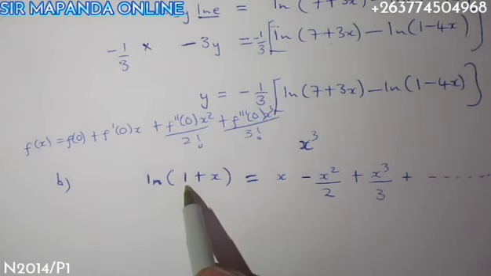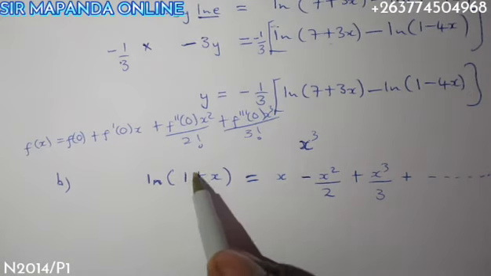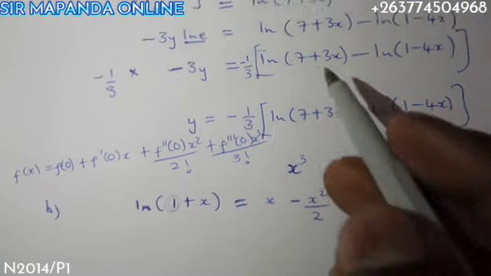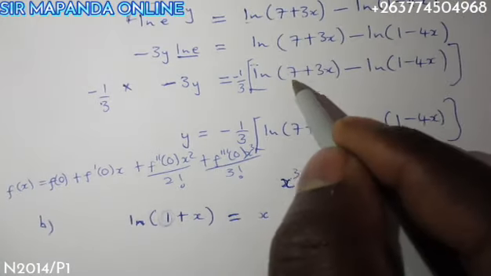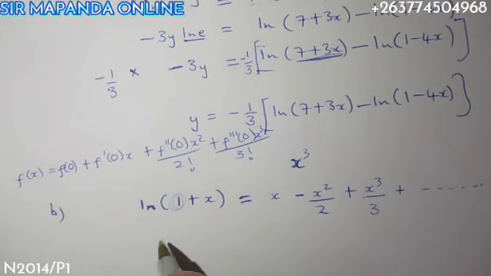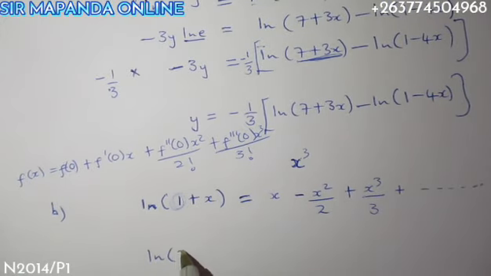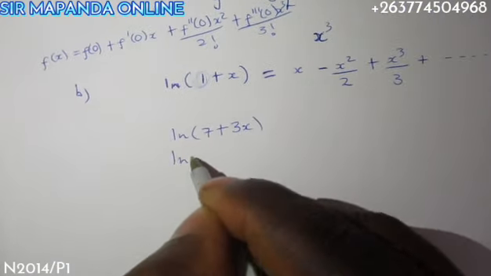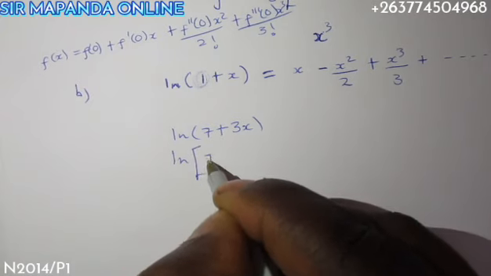So it only works if you have a positive 1 here, right? Here we have got 7 plus 3x. It means ln of 7 plus 3x. We need to factor out 7 first.